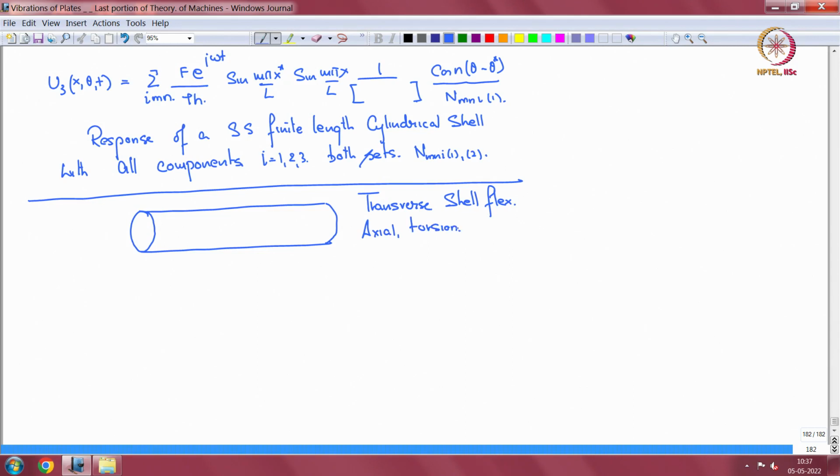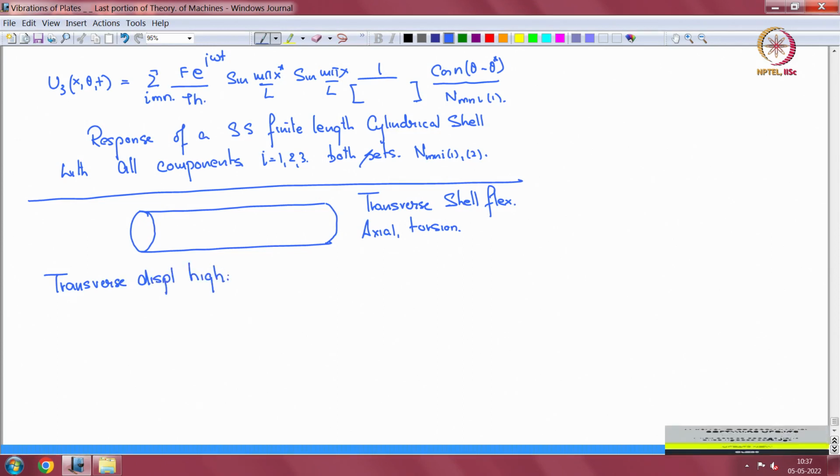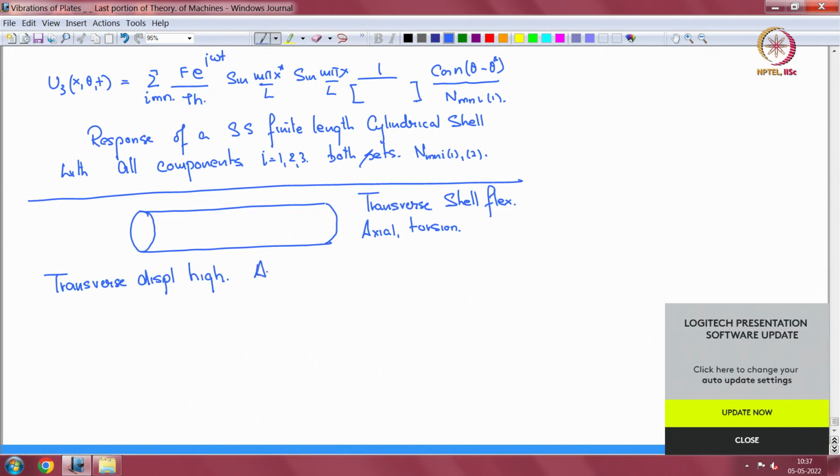So transverse displacements are high, and the other two directions can be ignored.